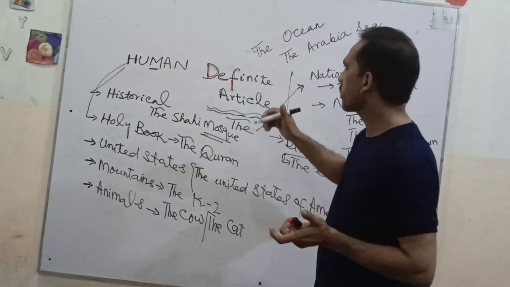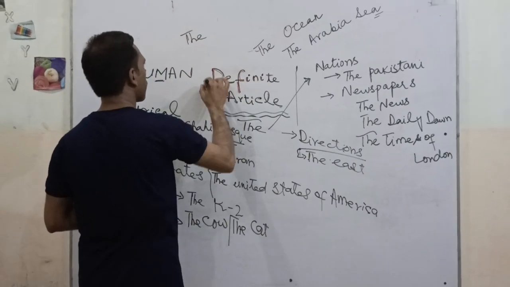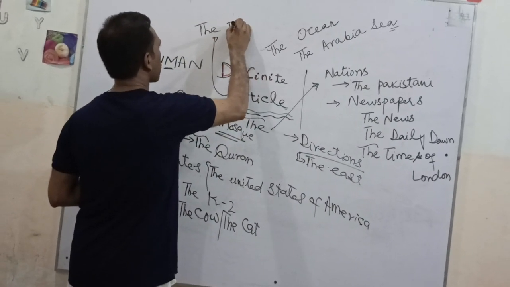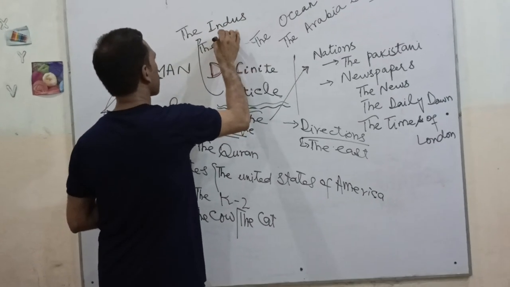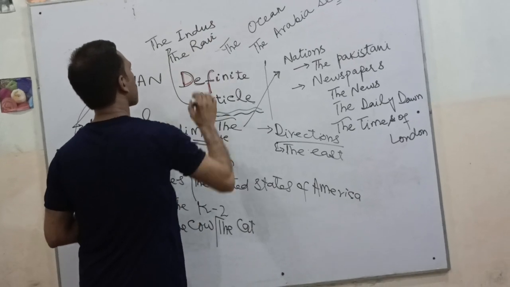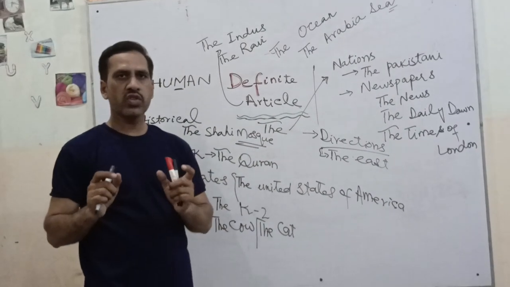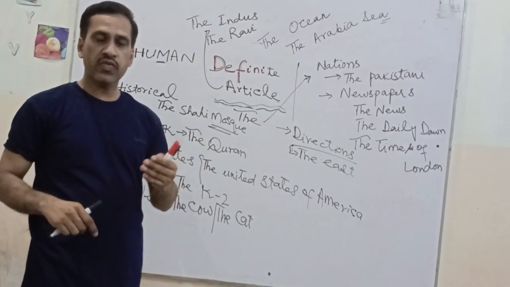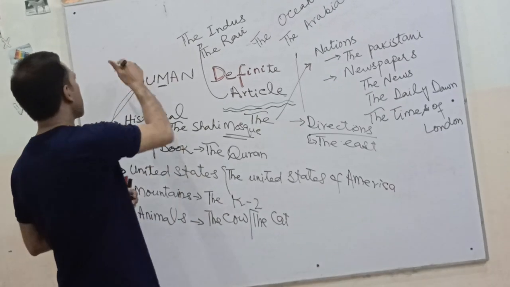We can say the Indus, the Ravi. So "the" is always used with astronomical bodies. For example, the Earth, the Moon, the Sun.